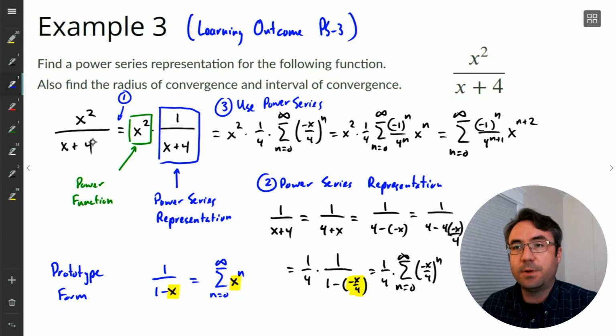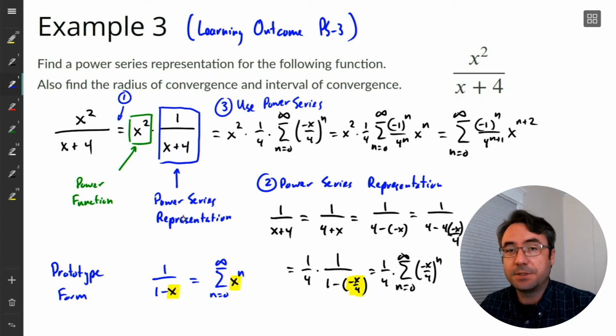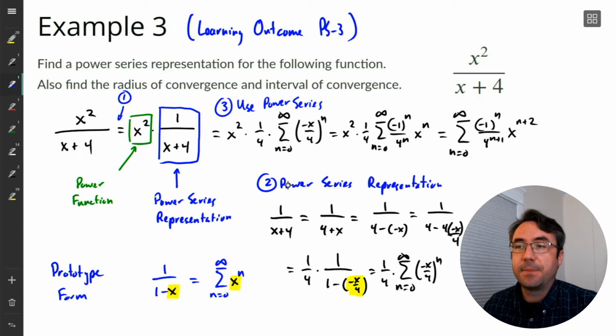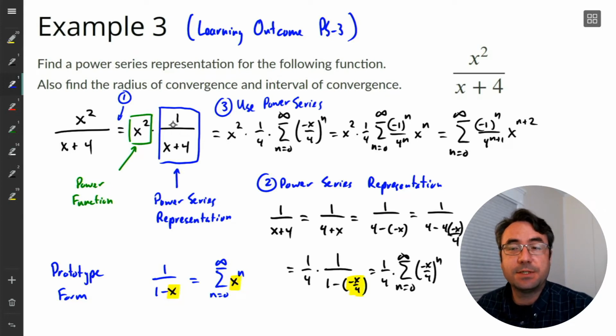So the first step was really to split this function apart into the part that really needs the power series representation. The x squared here, it's just a power function we can deal with. Then we identified the piece that we needed the power series representation for, and actually did it.